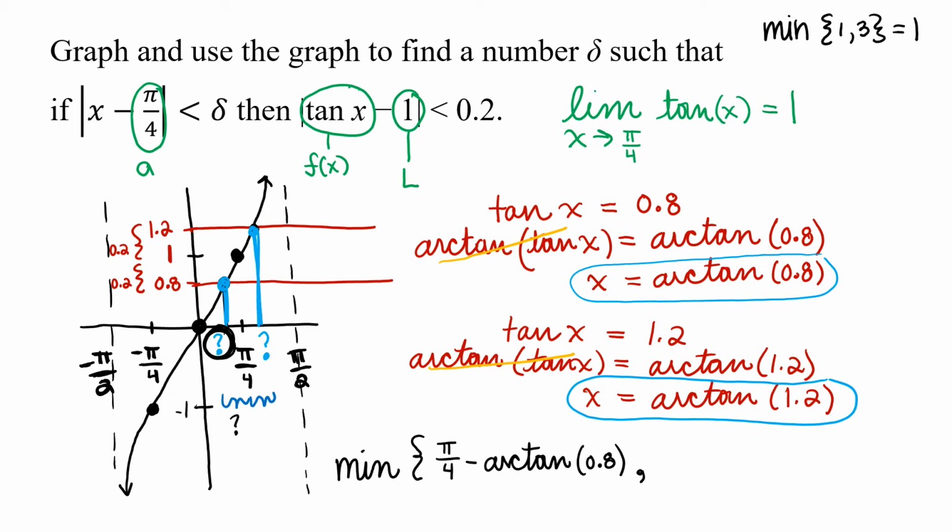So many questions. And then we have the other distance for our right bound, so that'll be the arctangent of 1.2 minus pi over 4. We're not really sure which one of these is smaller, but we definitely want the smaller one to be our delta.